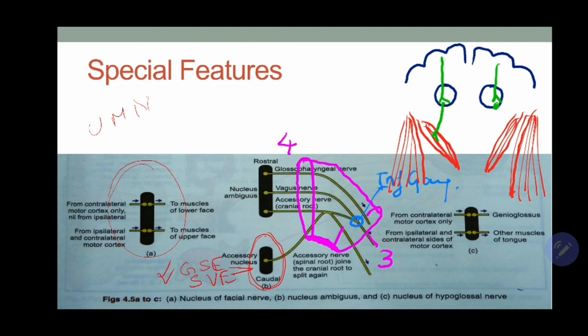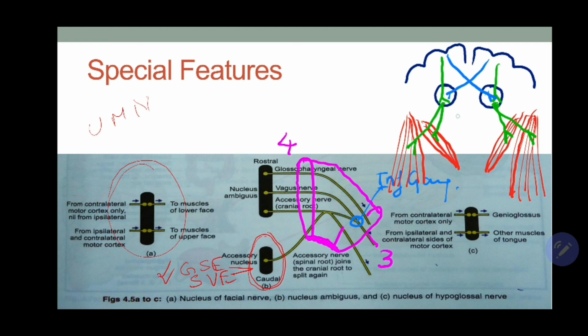Lower motor neurons always supply the muscles of the same side. But about the upper motor neurons to trapezius, important is that they reach the opposite nucleus only. So that's an important point here also.